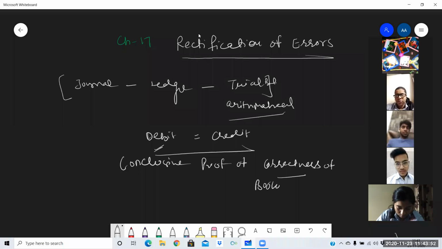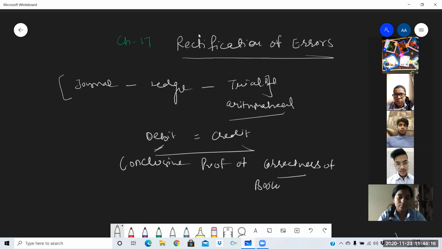So I just want to tell you here that if the trial balance is not matching, then it's certainly clear that there are some errors, because if there are no errors, then the trial balance will match. But it does not mean that whenever the trial balance is matched, there cannot be any error. Some types of errors can be there and the trial balance still matches.